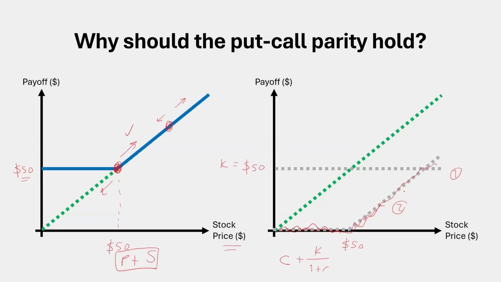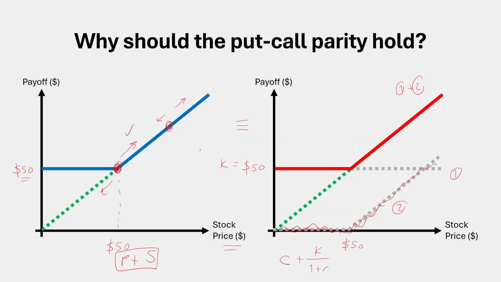So if I add them up, I end up with this payoff schedule, right? So I'm simply adding up the payoffs, 1 plus 2, and I've got this red payoff schedule. And now if I compare right-hand side and left-hand side, the payoff schedules are identical, right?